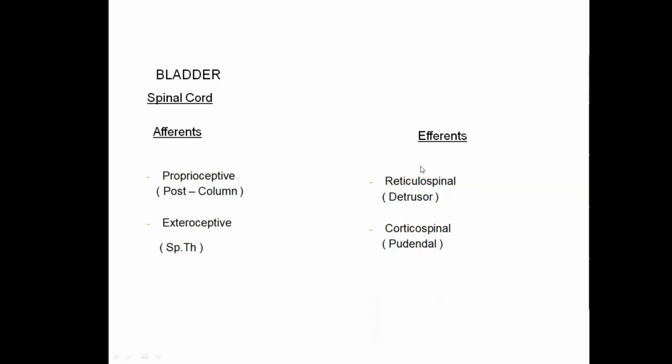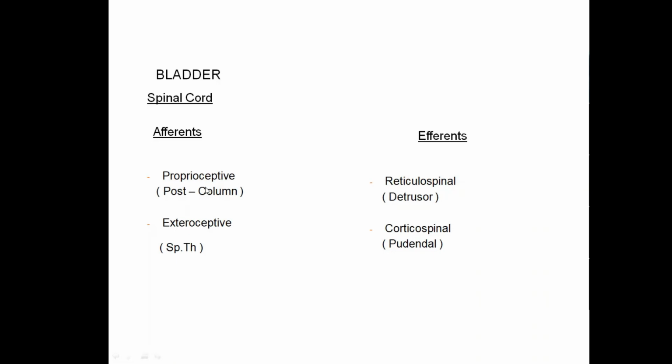And from the spinal cord, the efferents are basically the reticulospinal tract from the pons, which comes down to the detrusor, that is for the involuntary control of the bladder. For voluntary control, the corticospinal tract will come and merge at the S2, S3, S4 anterior horn cell, that is the pudendal nerve.